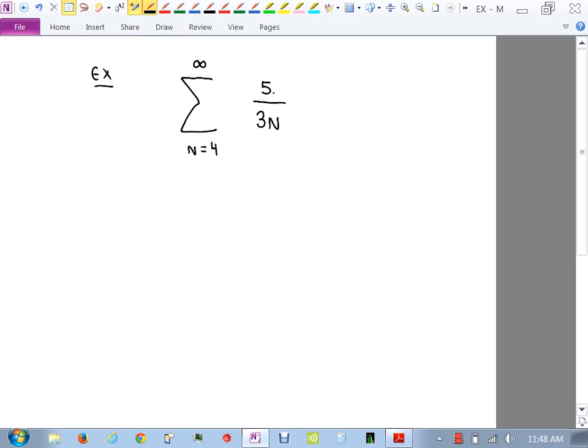You can pull out a 1/3. You can pull out even more than that, 5/3. This is the same as the sum n equals 4 to infinity of 5/3 over n, isn't it? So that's basically a constant a on top of n.